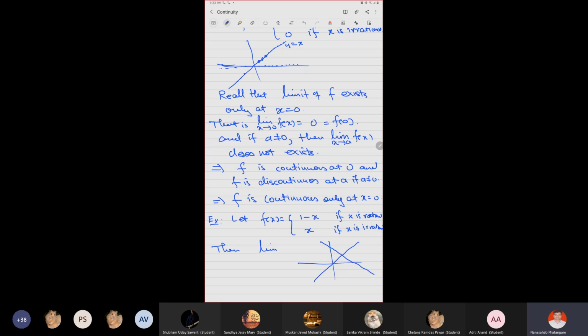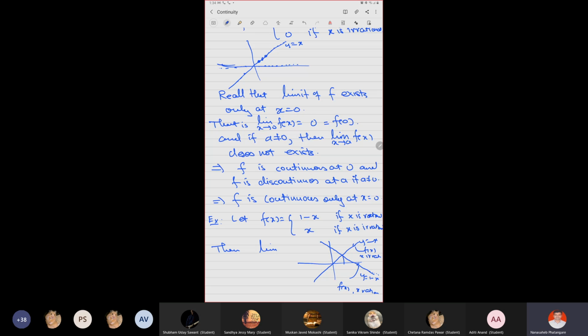So this is the line y equals 1 minus x and this is the line y equals x. If x is rational, the value is on the line y equals 1 minus x, so f of x lies on this line for x rational, and f of x lies on the other line if x is irrational, right?